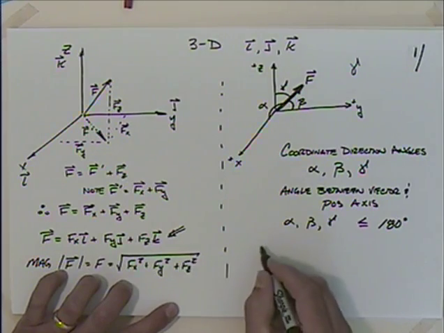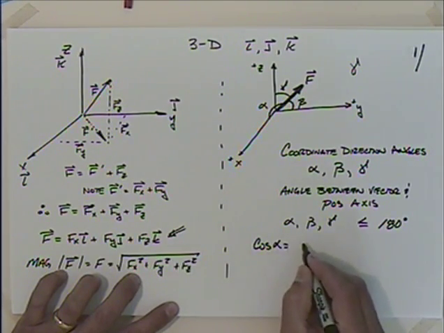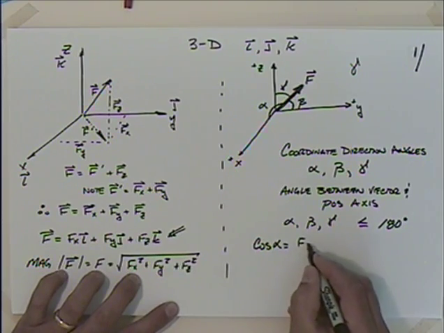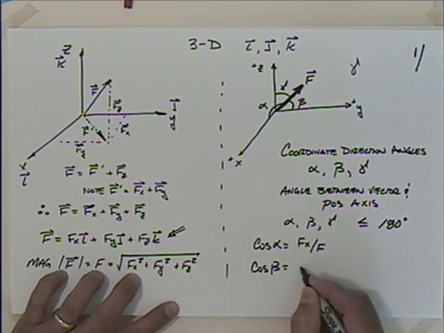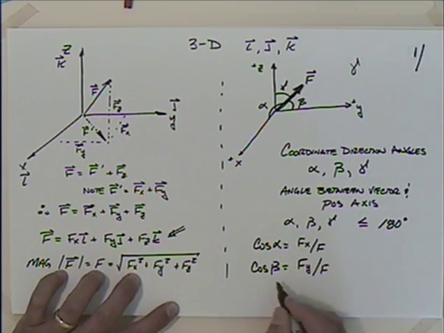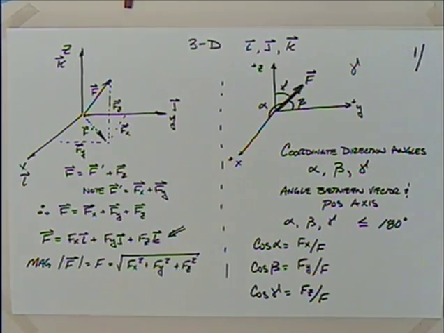Now if we define those specifically, we look at the cosine of alpha. We're going to say by definition that is the x component divided by the magnitude of the entire vector. We could look at the cosine of beta, which is going to be the y component divided by the magnitude of the entire vector, and then the cosine of gamma, which is going to be the z component divided by the magnitude of the entire vector.